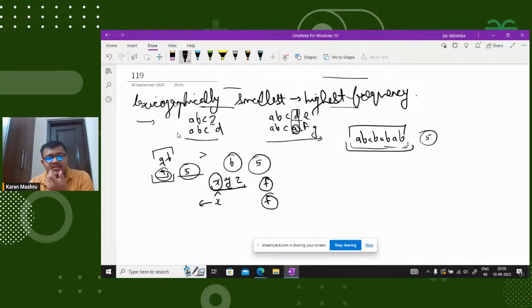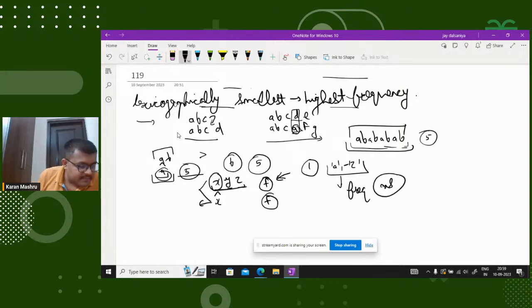We need the lexicographically smallest substring with the highest frequency. So what would be our answer? Our answer is of one character only, as we saw from this example, and it should also have the highest frequency. So basically, from all the characters from small a to small z, the character which has the maximum frequency will be my answer. Is the concept clear?